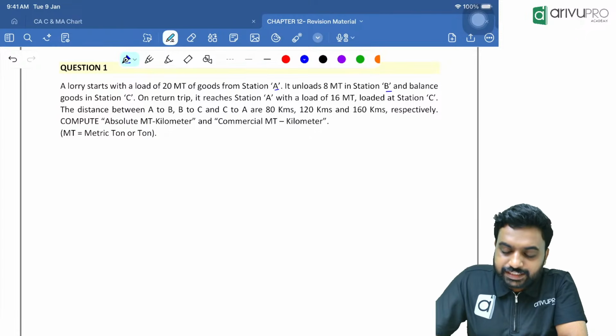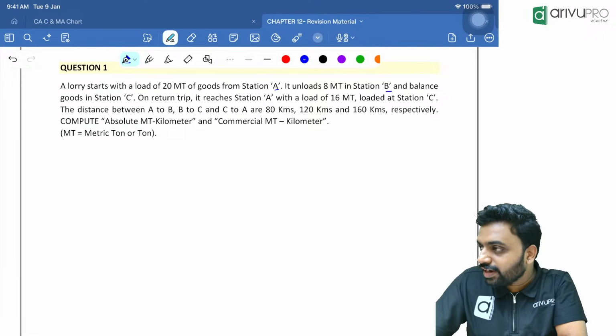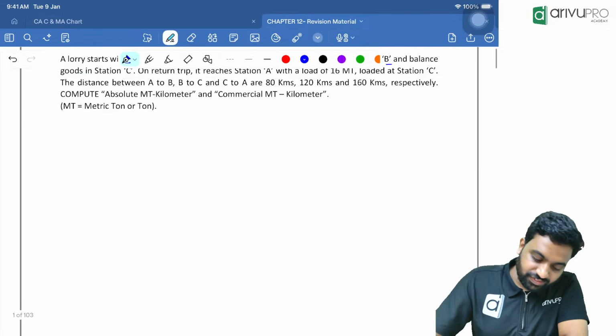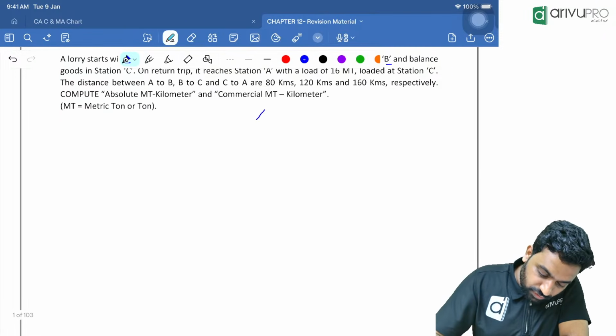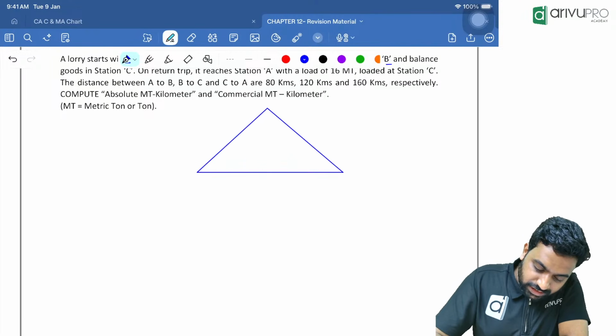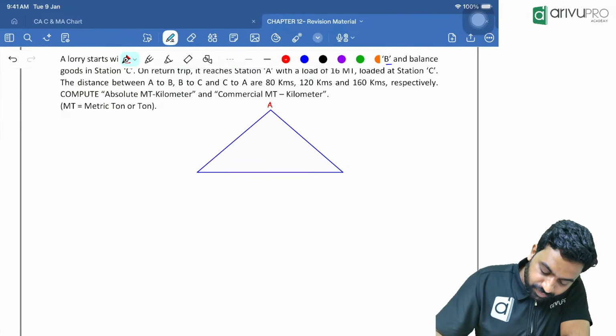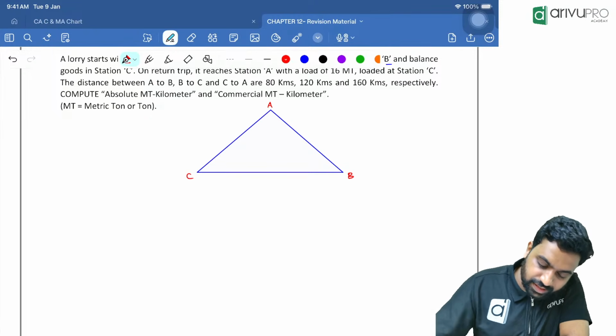But C to A it is just 160 kilometers. That means we are not coming back in the same route in which we went. Correct? No, it is a different route. They are asking you to find absolute ton kilometer as well as commercial ton kilometer. So A, B, C.